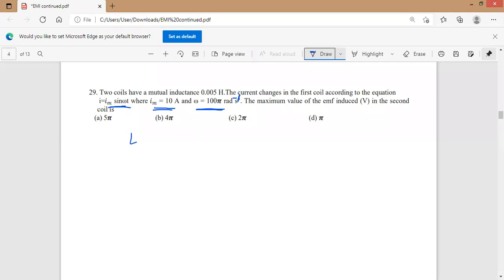So they are given the mutual inductance, M is equal to 0.005 Henry, and the current changes in the first coil according to the equation I is equal to Im sin omega t.